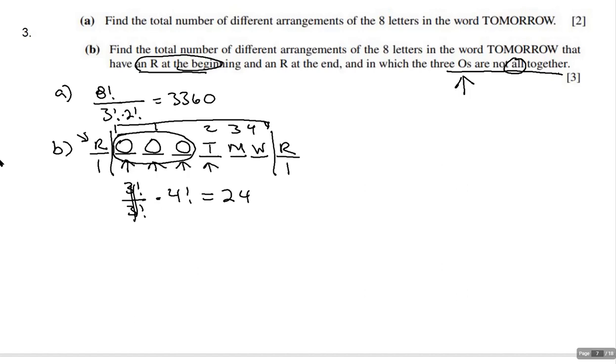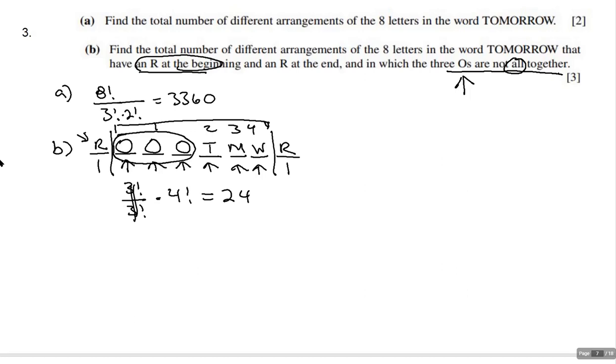Because remember, I don't worry about the R's. They're just going to be R's. In all of my arrangements, it's always going to start with an R and end with an R. So actually, there's going to be no variation in those at all. How many ways can these middle spots be arranged if the O's don't have to be together?